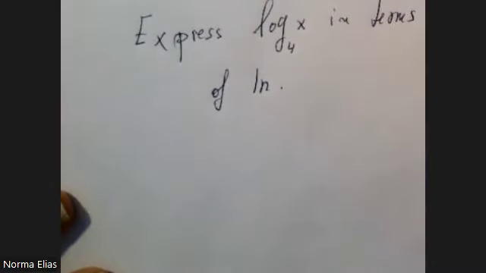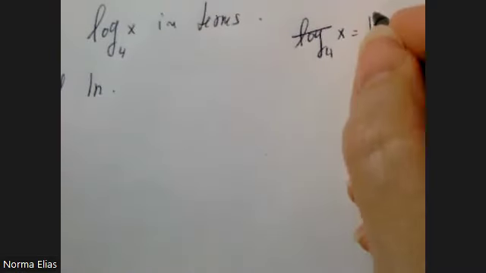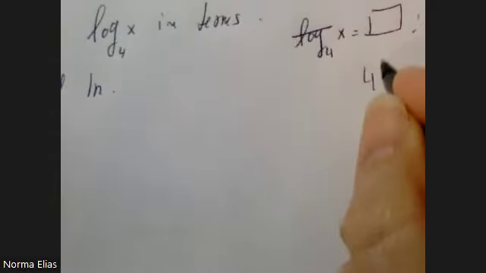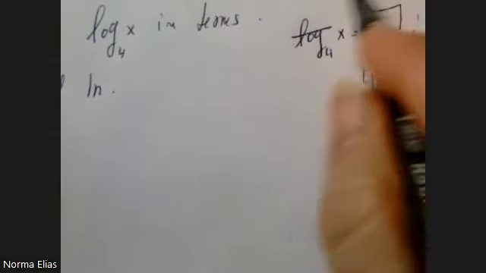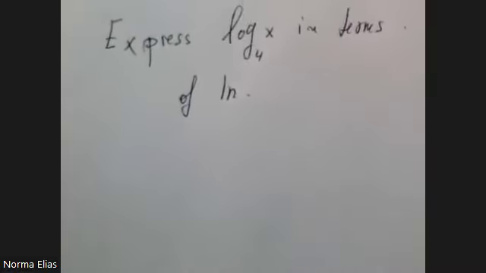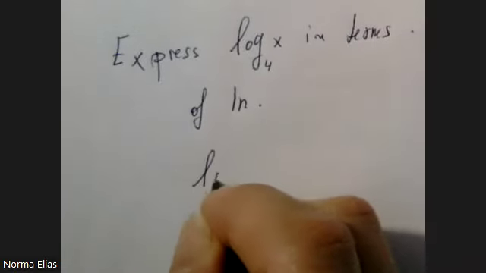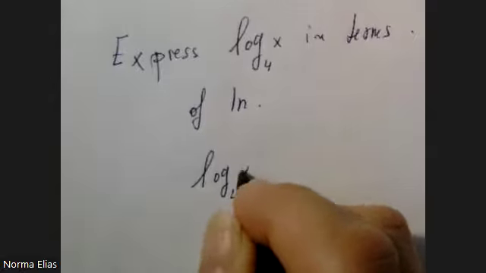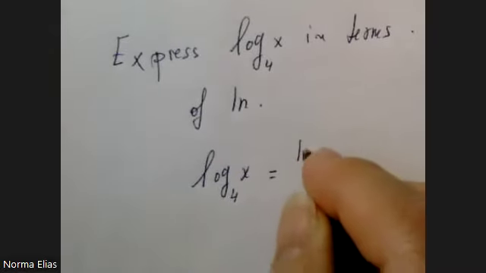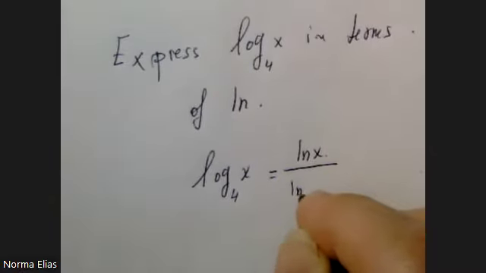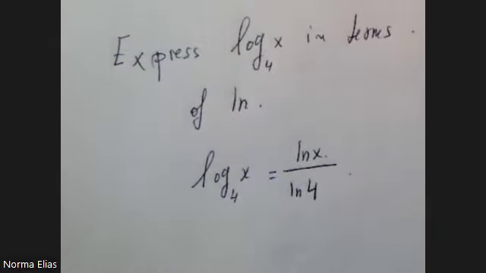So let us remember, log base 4 of x means you are looking for a power such that 4 to this power is equal to x. That's really the log of base 4. So now I want to express log base 4 in terms of ln. And this is a formula I think you can just memorize. This tells me that log base 4 of x is basically the natural log of x divided by the natural log of 4. So that's really the conversion between bases different from e and everything that depends on e.